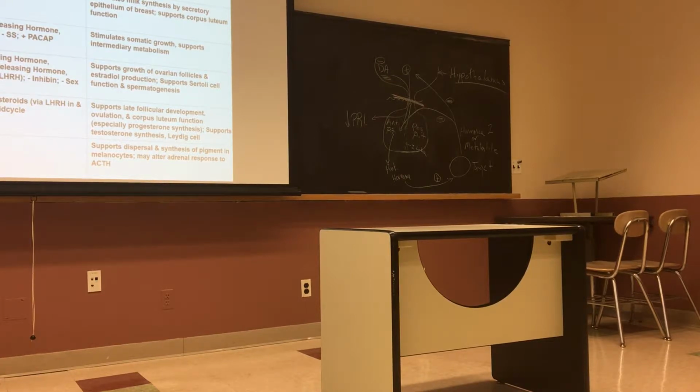Prolactin will also go up in response secondarily to thyroid releasing hormone. It tends to be suppressed by somatostatin, and it's stimulated by estrogens and by oxytocin.